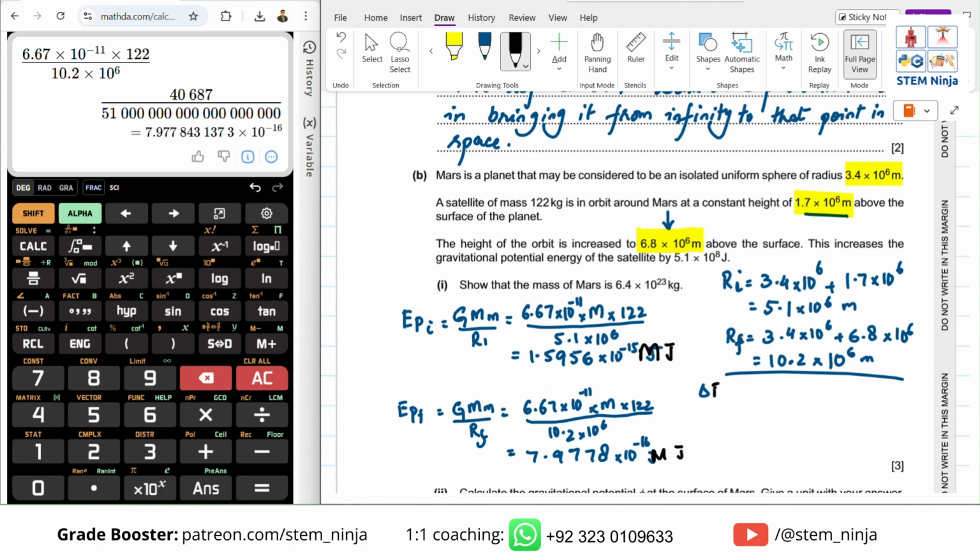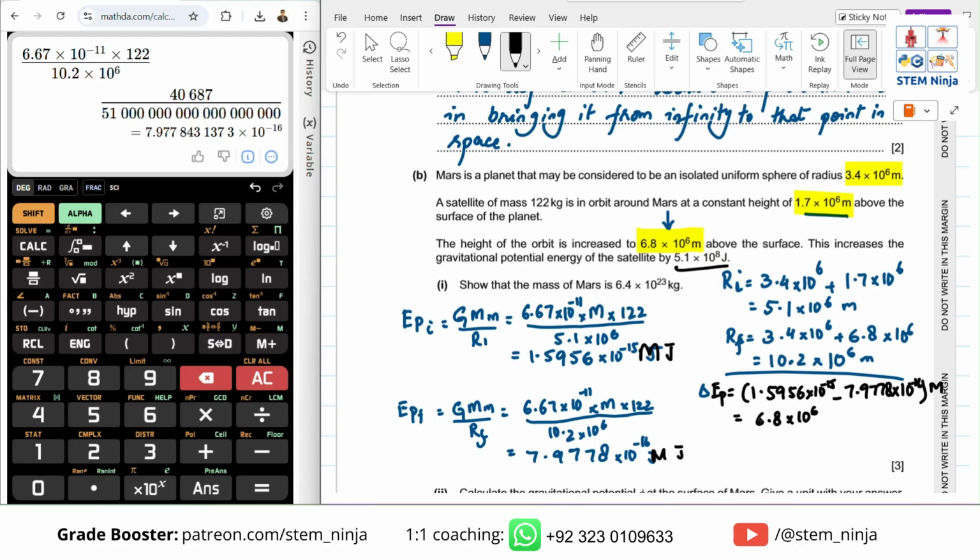Okay, so the change in potential energy they have given us as 5.1 × 10^8. So the change in energy, 1.5956 × 10^-15 minus 7.9778 × 10^-16 times M equals 5.1 × 10^8 joules.